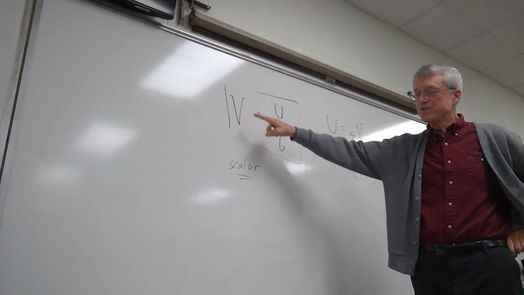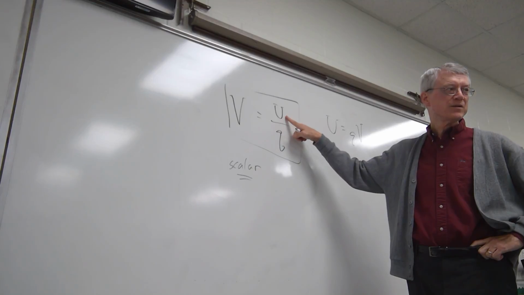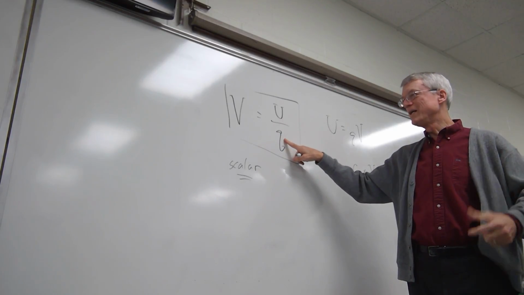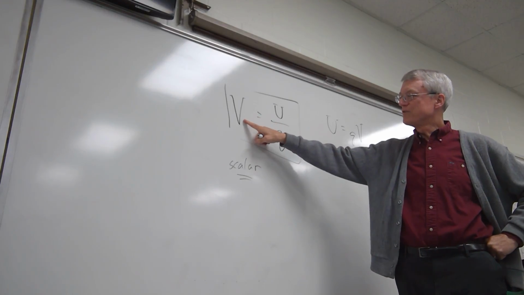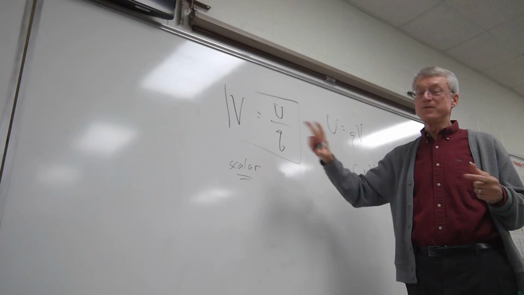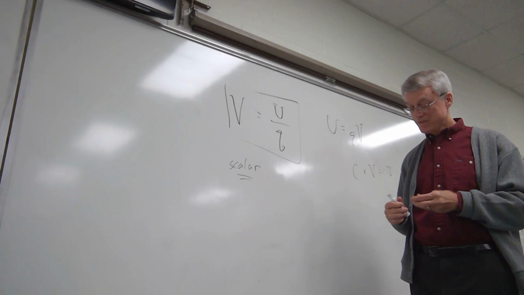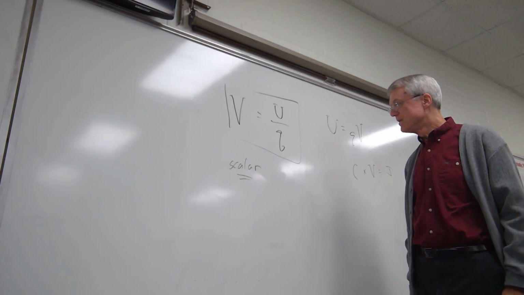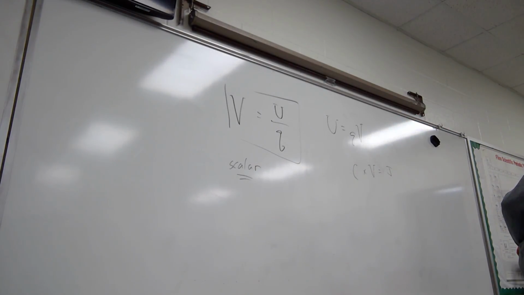Everything in this equation is scalar. Nothing up here has a direction. U, all energy is scalar. And coulombs, Q, how much charge, that's scalar. So V is also scalar. It doesn't have a direction. It can be positive or negative, but that's not the direction. That's just the sign. Okay, we'll come back to that some more, quite a bit, in fact, hopefully today.